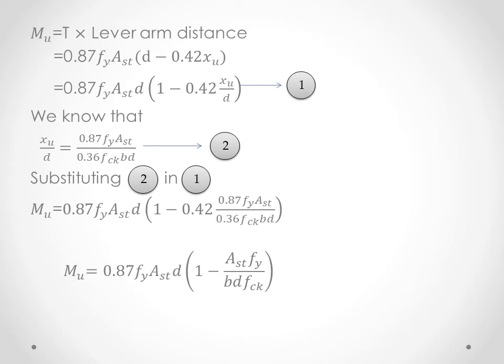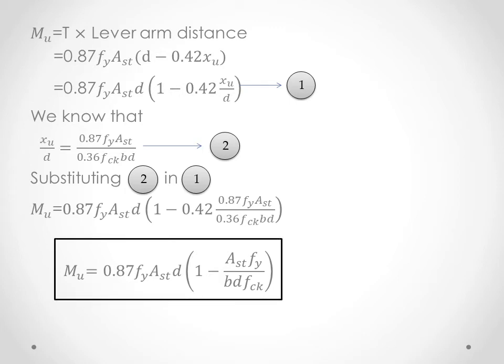After calculating it, we get the equation Mu is equal to 0.87 Fy AST D into 1 minus AST Fy by BD FCK.